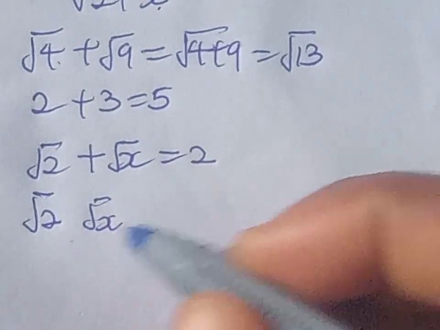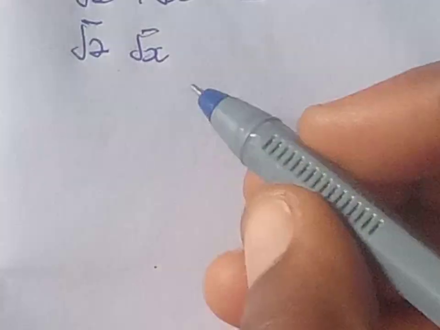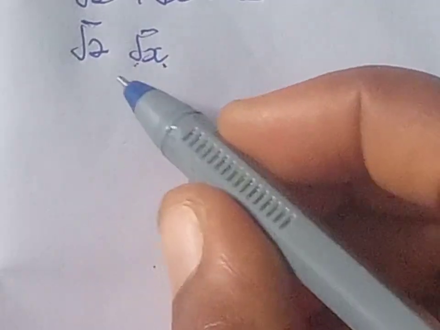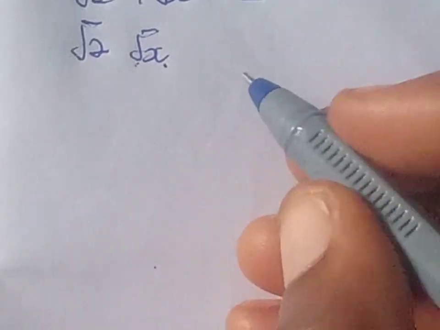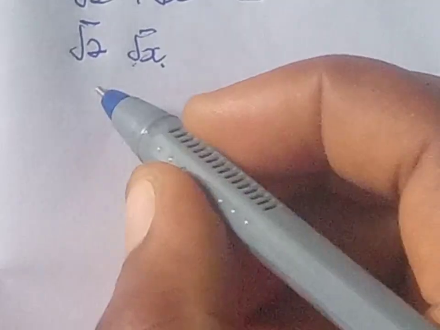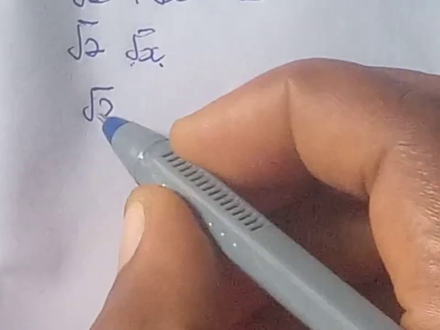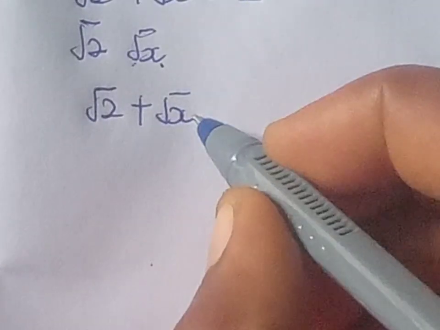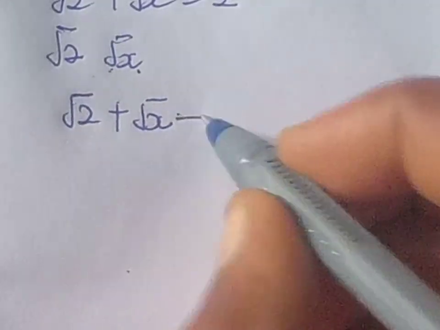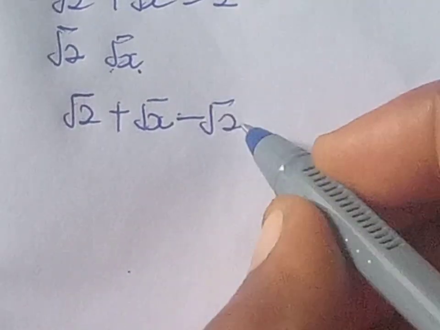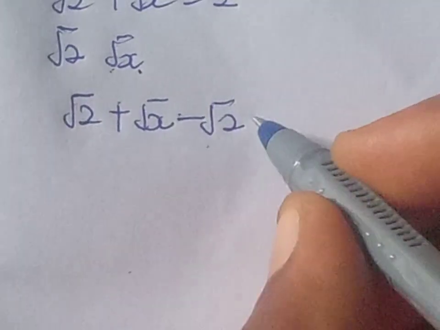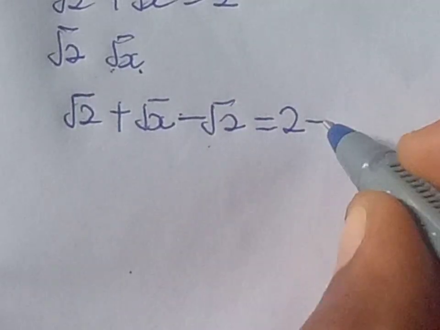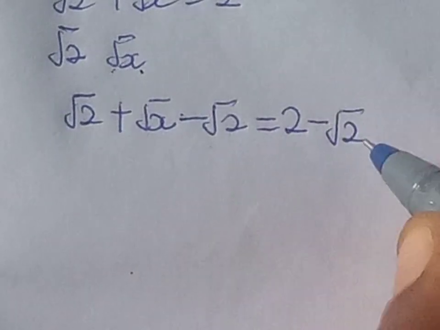How do we isolate square root of x? To isolate square root of x, we shall be subtracting square root of 2 from both sides. So our equation says square root of 2 plus square root of x, then you subtract square root of 2 from the left side, and also on the right side we have 2 minus square root of 2.